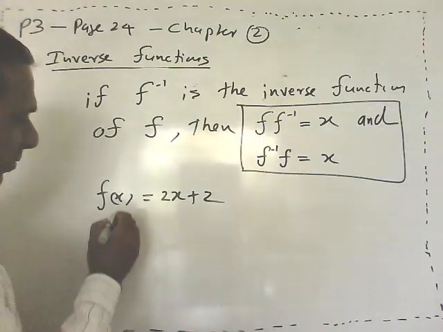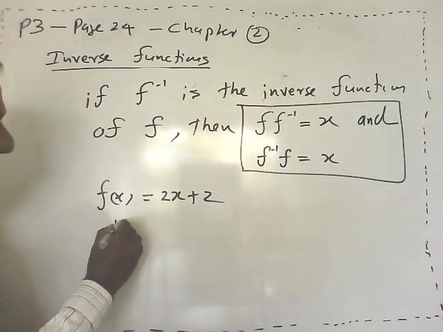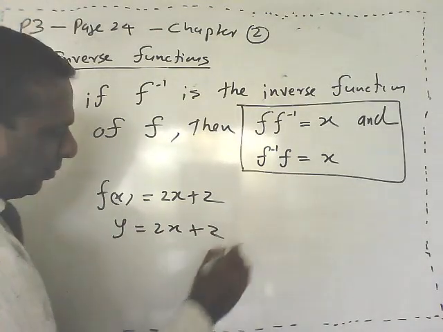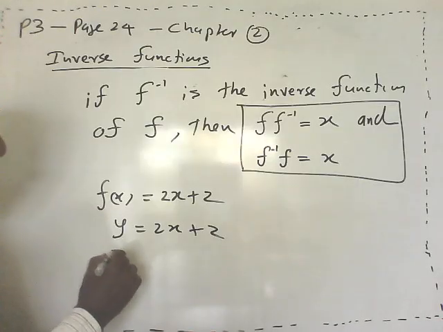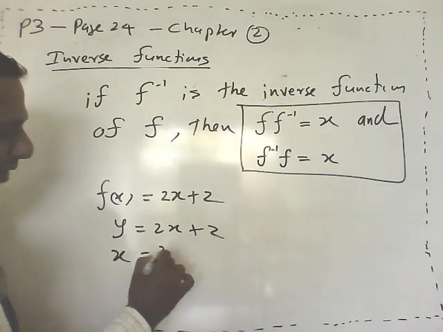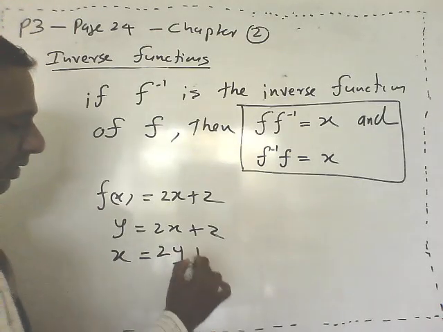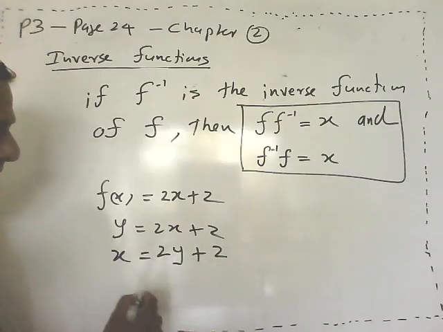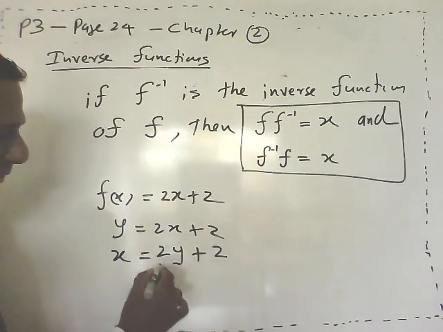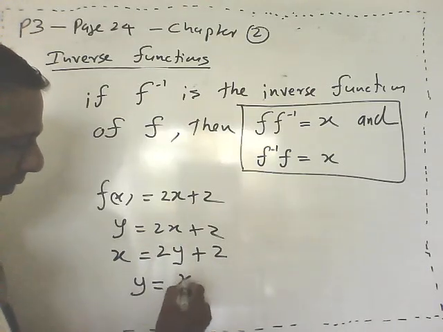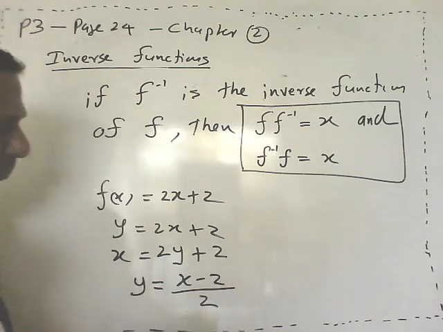Now, we know this is actually y equal to 2x plus 2. Then we will put x here and y here plus 2, and we are going to make y the subject. So y is equal to (x minus 2) over 2.